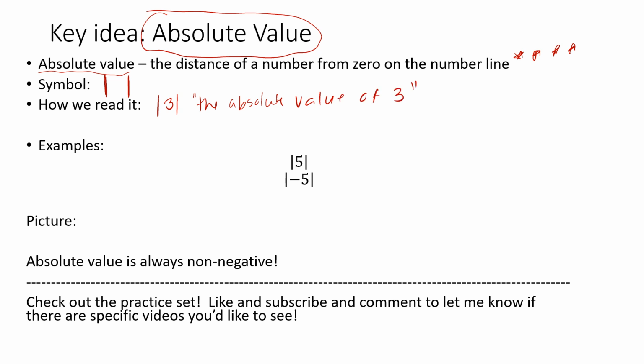And we'll also say stuff like take the absolute value of 3, meaning that it's an operator. It's something that we actually do to the 3. So it's like a plus sign or a minus sign. You do something with the absolute value. So for example, the absolute value of 5 and the absolute value of -5.